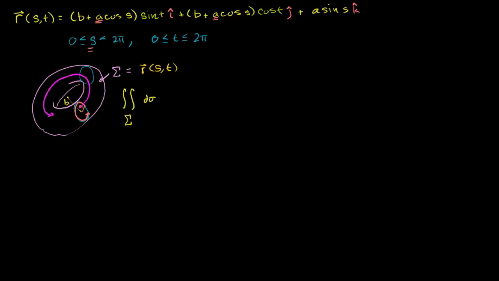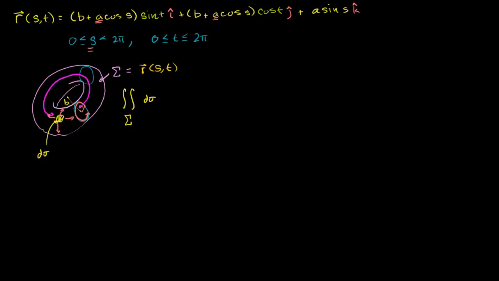And just as a review, you can imagine each d sigma is a little patch of the surface right there. That is a d sigma. And it's a double integral here because we want to add up all the d sigmas in two directions. You can imagine one rotating this way around the torus, and then the other direction going in the other direction around the torus. So that's why it's a double integral.